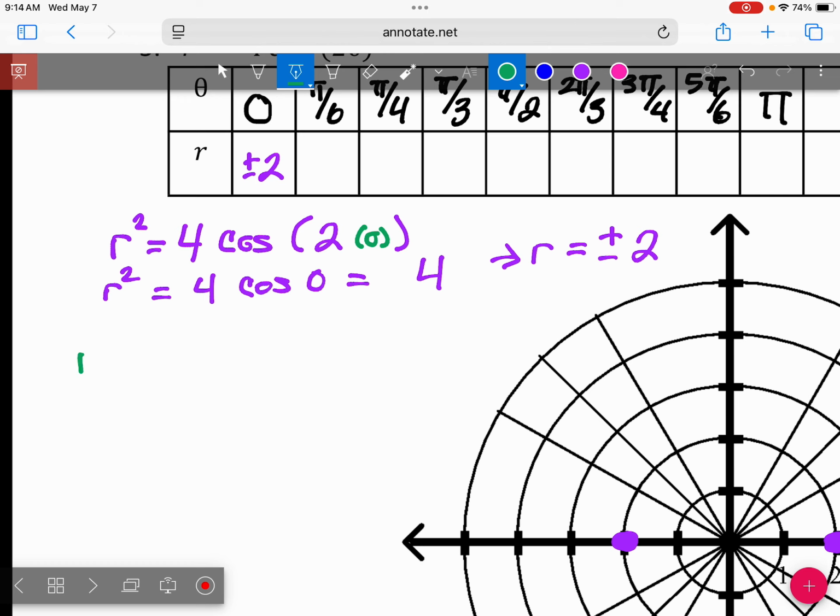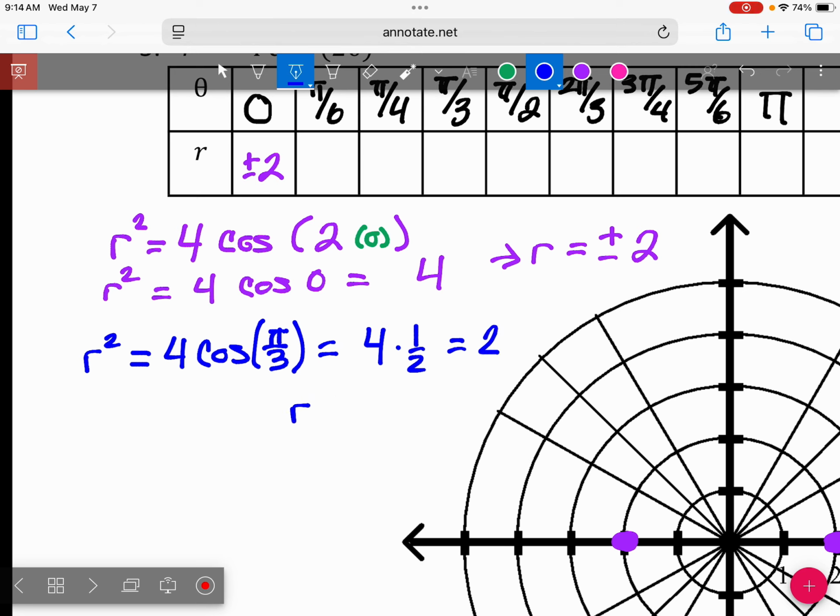So for cosine of 2 times pi over 6, which means we're looking really at pi over 3, because that's 2 times pi over 6. So that's the same thing as 4 times our 1/2. So our r squared equals 2.